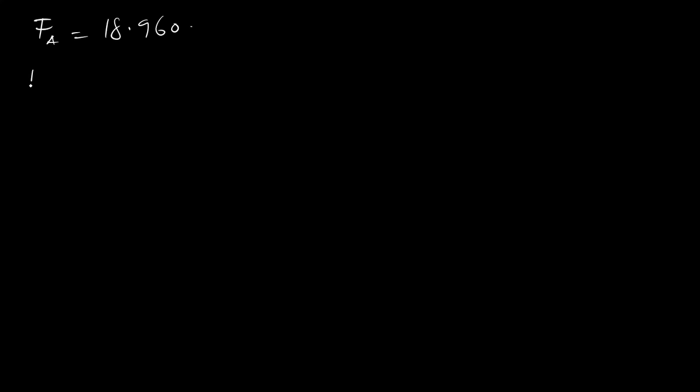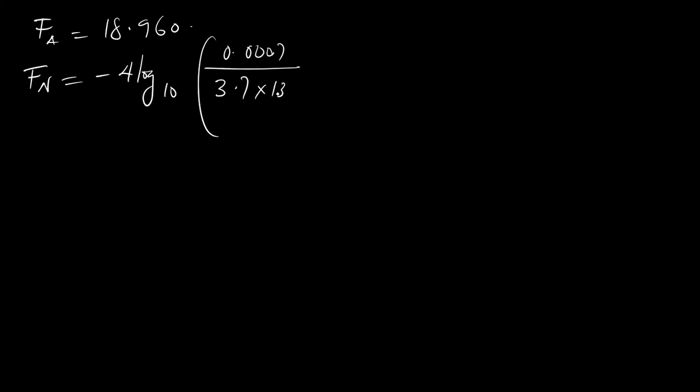So we look for the next F subscript N, which is equal to minus 4 log to base 10 bracket open 0.0007 divided by 3.7 divided by 13.5 plus 1.255 times 18.960, which is our new assumed value, divided by the Reynolds number, which is 6,003,128.2.